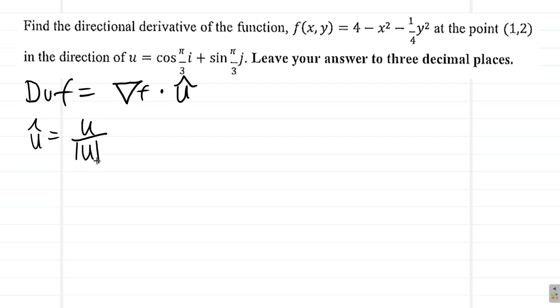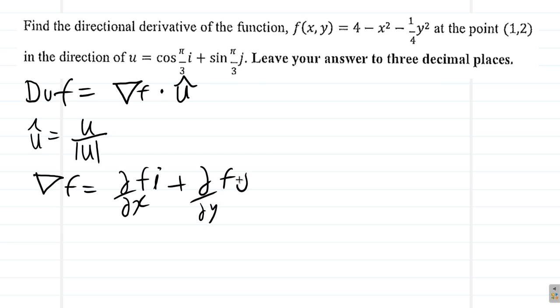Now, here the grad of f is going to be partial by partial x of f in the i direction plus partial by partial y of f in the j direction plus partial by partial z of f in the k direction.